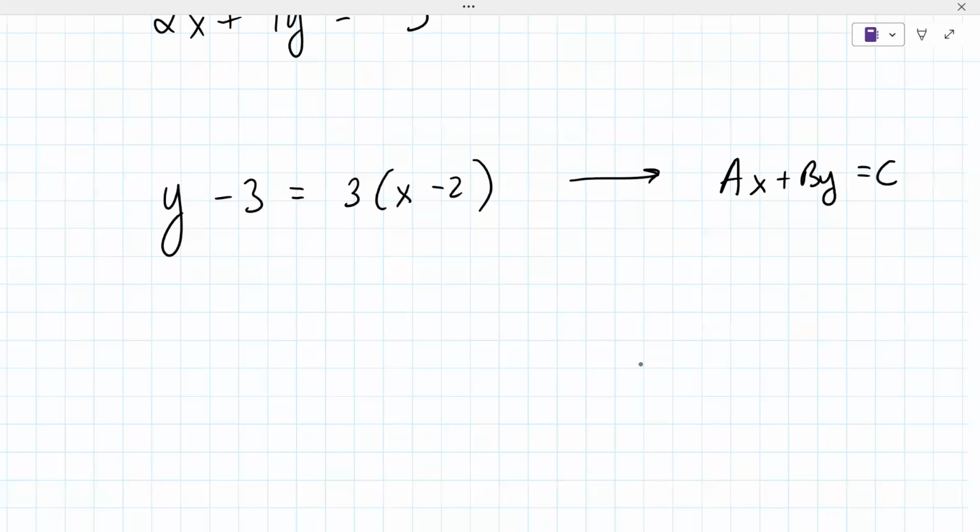I got 3x minus y equals 3. Yeah, all right. So I was only wondering about the signs, 3x minus y. And then, yes, that's good. All right, excellent.